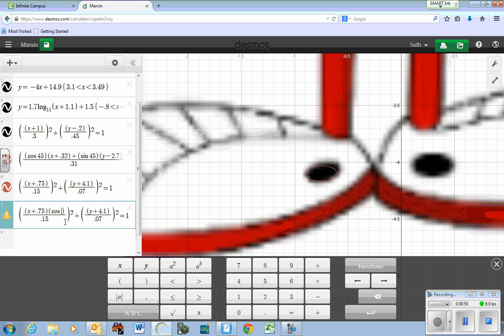So I'm thinking I'm going to rotate it about 10 degrees up. So I'm going to put cosine of 10, and I'm going to do plus y sine 10. But again, whenever I see a y here, I need to have a y plus 4.1.